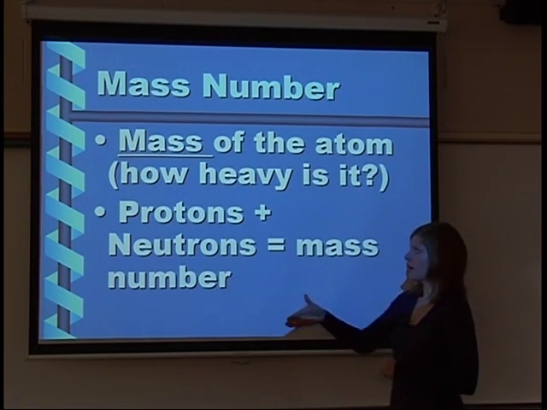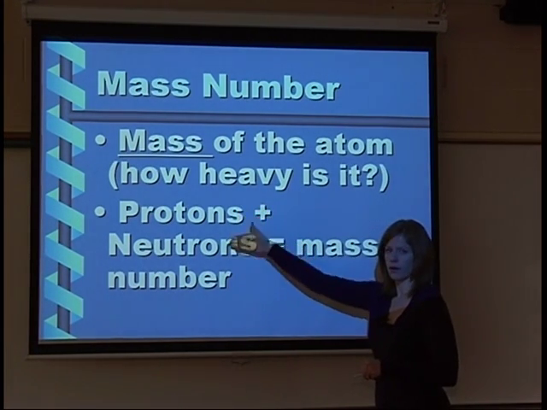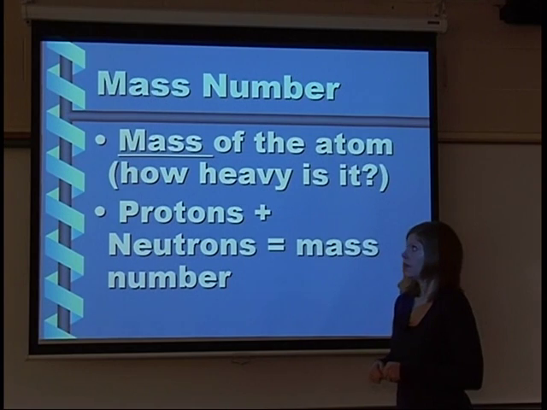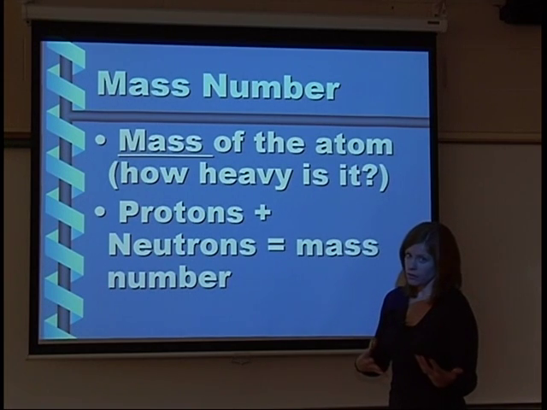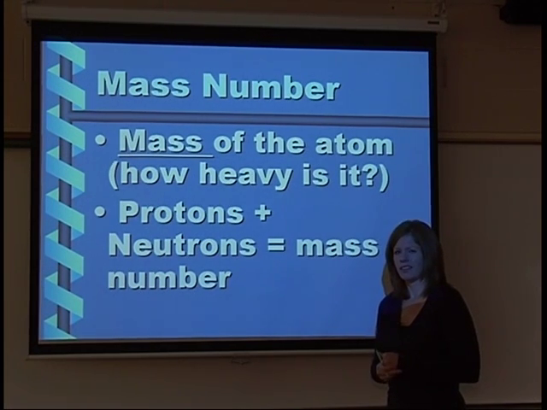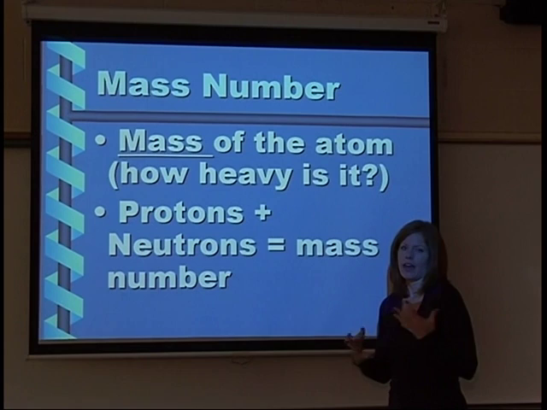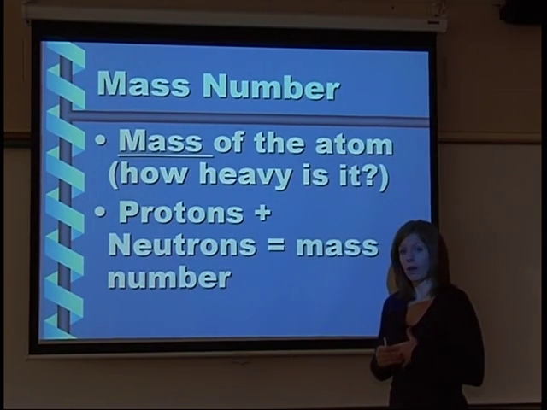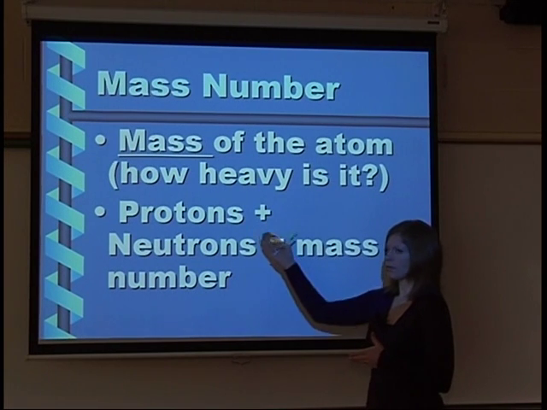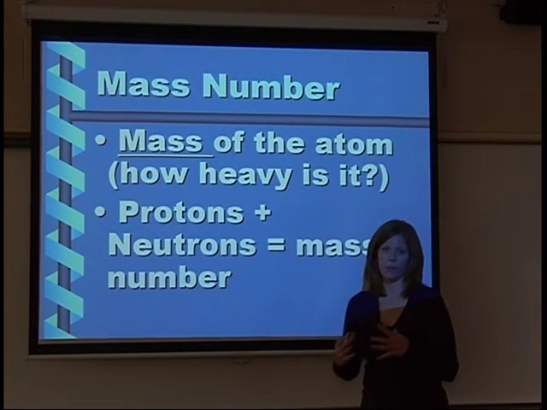That's why we're adding up the two subatomic particles found in the nucleus to get the mass number. Our mass number will come out to an even number. Sometimes you'll see the mass number represented as a decimal, and what they're doing is averaging different isotopes of that element. But for our purposes, we're going to be adding the protons and neutrons, and you'll get a whole number.